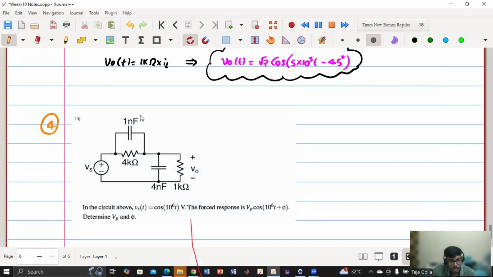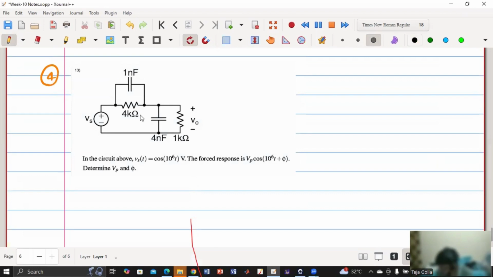Okay, so let us assume this is C1, this is C2. This is plus minus VC1, this is plus minus VC2. I think we have around 20 minutes. Let us see if I am able to solve. If I'm not able to solve, I'll give you the idea of how to solve, then you can do the math later.